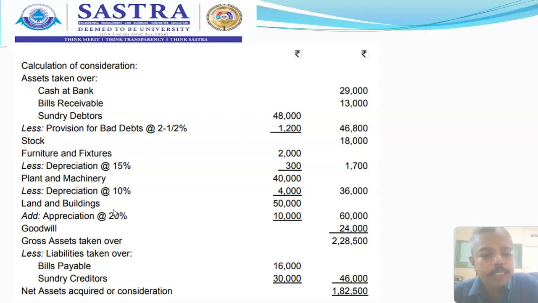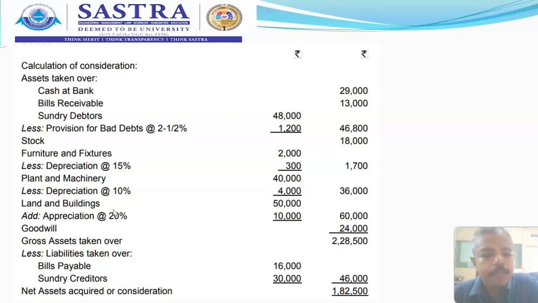Now take one by one the assets taken over by the company. What are the assets we have taken over directly without any adjustment? As we have marked in the balance sheet, we have marked land and building, plant and machinery, furniture and fixtures, and sundry debtors. So all these four we have marked.